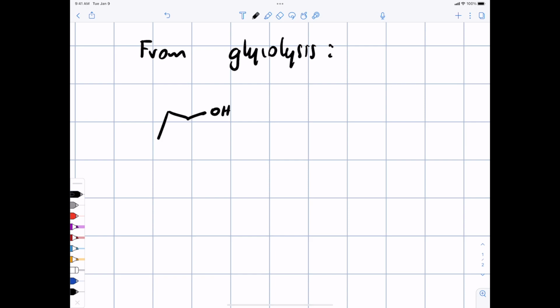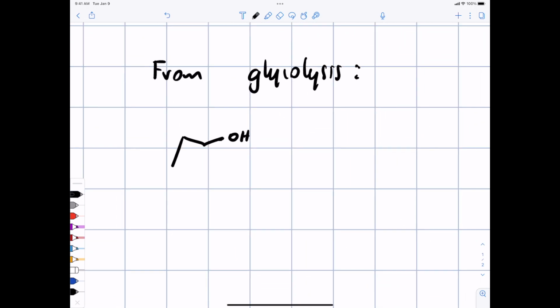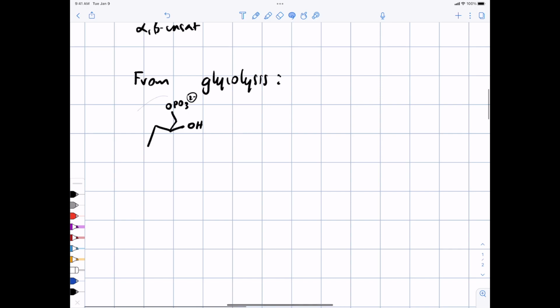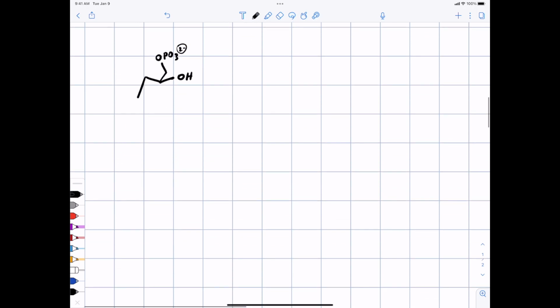What I'm drawing for you now is not a structure to memorize yet, and its name is also not something to memorize yet, but I'm going to write it down so that when we deal with it again in the future, you'll remember having seen it before. This is fructose 1,6-bisphosphate.